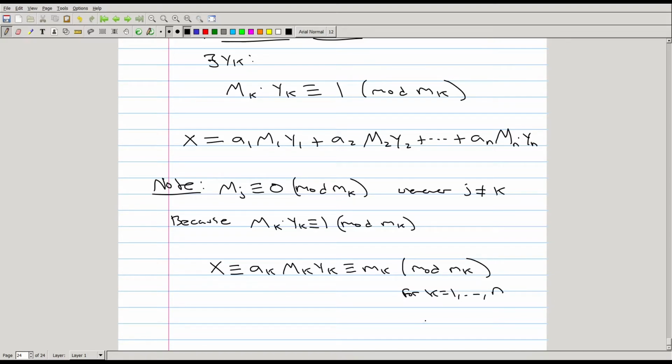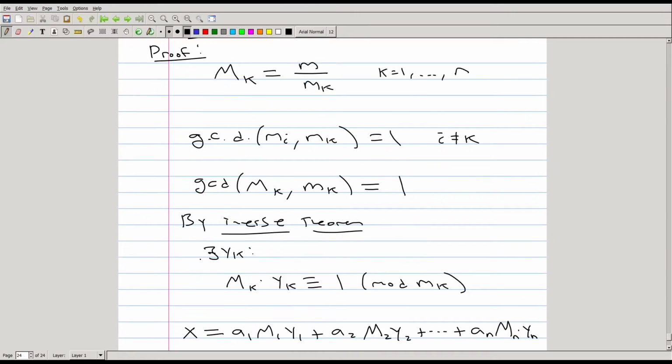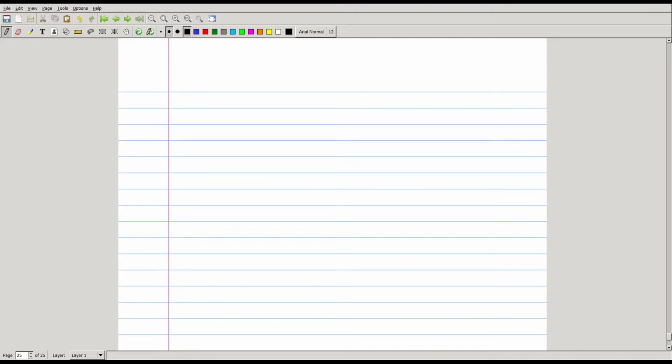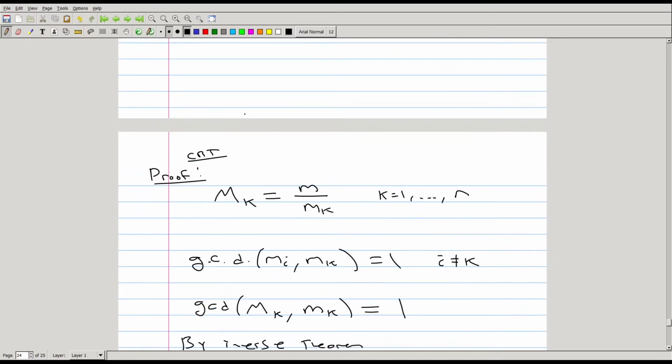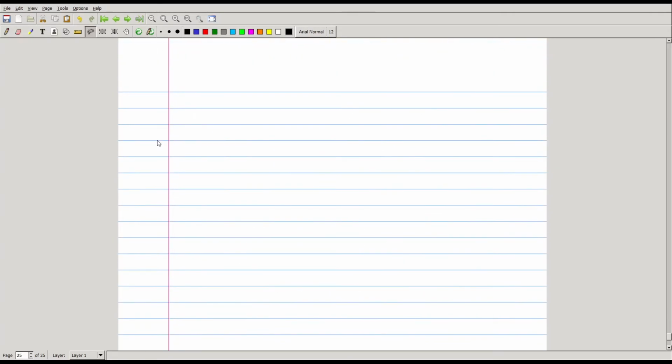And this is the ending point of this proof, because we've shown that this x satisfies each one of the congruences listed before directly. So this is cool because this allows us to directly go through and solve the system of congruences that Sun Tzu originally posed, as well as many other important systems of congruences in applications.